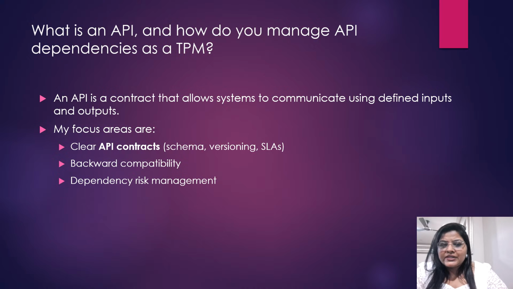So all those definitions. The next is backward compatibility. Suppose a new API comes and breaks all of the systems which are on the older API. That should never be the case unless declared. So that is the next thing which I definitely check.